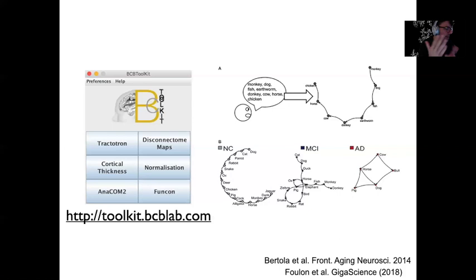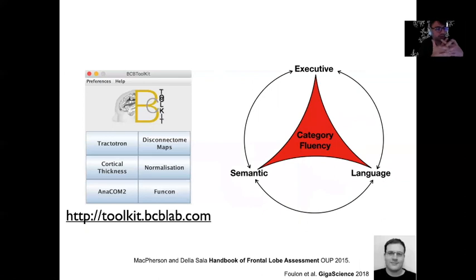And because you can have dissociations in the impairment behind the performance in category fluency, that means category fluency emerges from the interaction between different functions. In other words, category fluency is not really a function in itself.